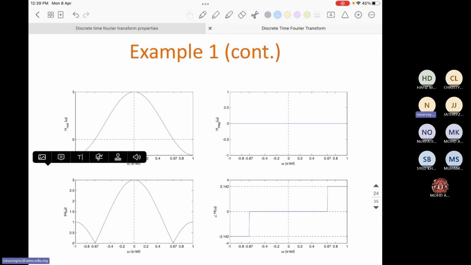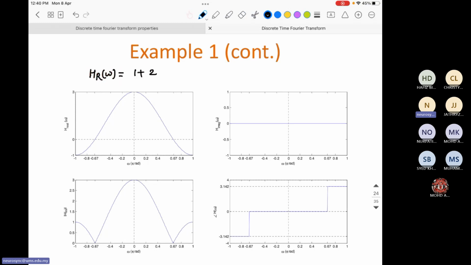What we have got as the real part here is hr of omega equal to 1 plus 2 cos of omega. And the imaginary part hi of omega is nothing but 0. And 1 plus 2 cos of omega is what?